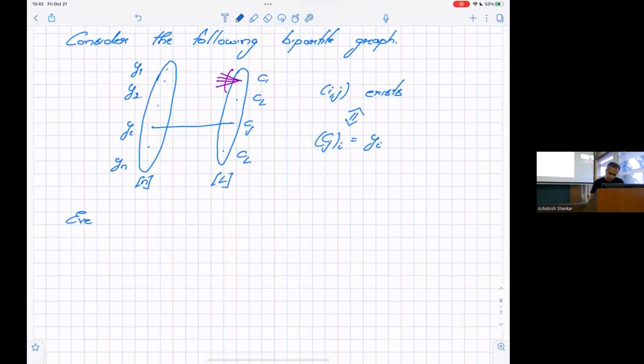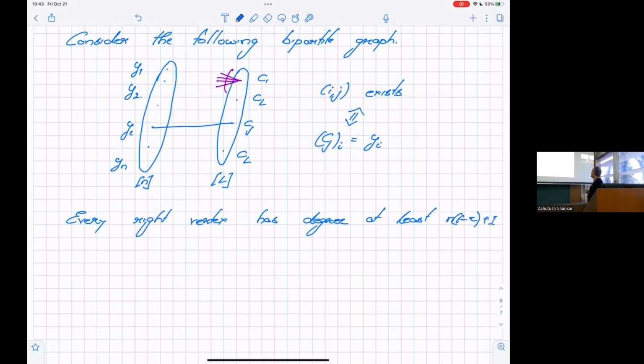Every right vertex has degree at least n minus n into 1 minus tau plus 1.